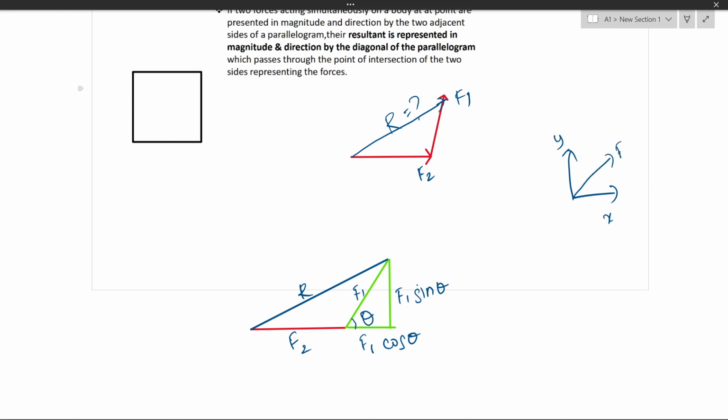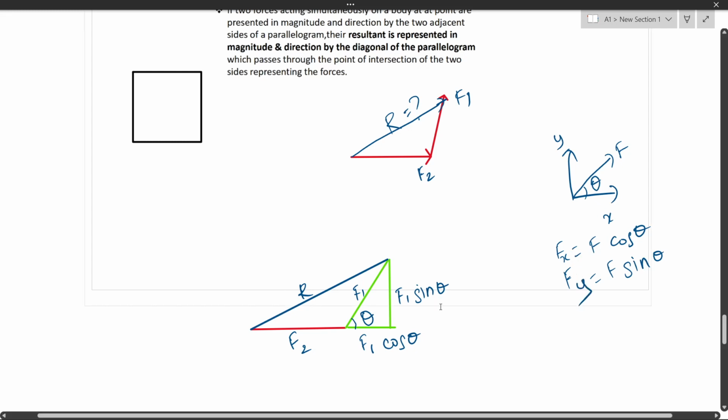If one force is acting on this plane at some angle theta, it has two components. The horizontal component is F cos theta and the vertical component is F sin theta. This is horizontal, this is vertical.